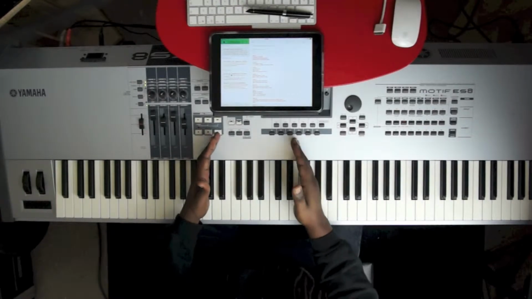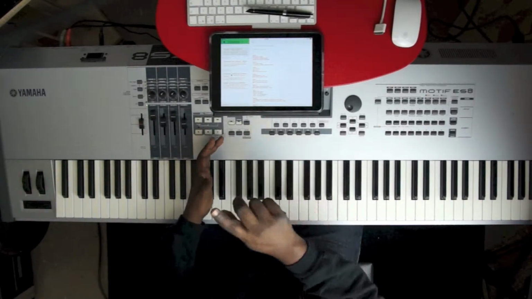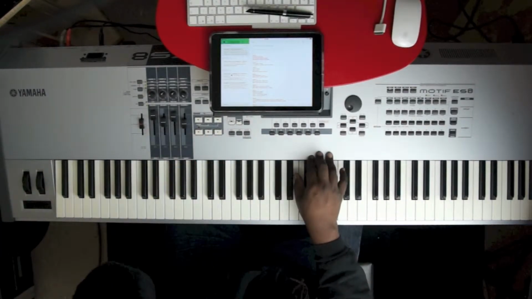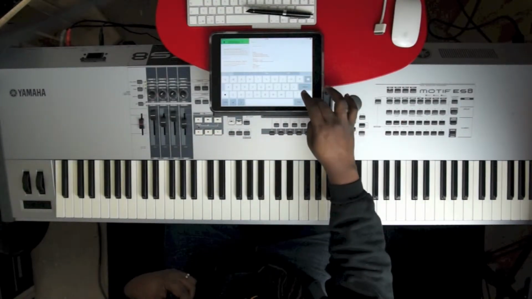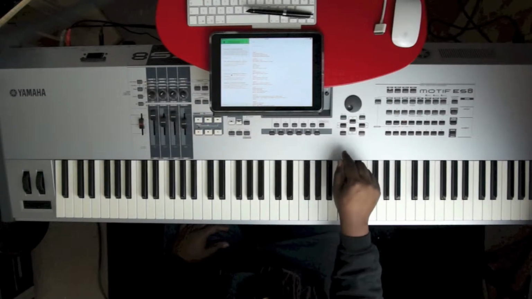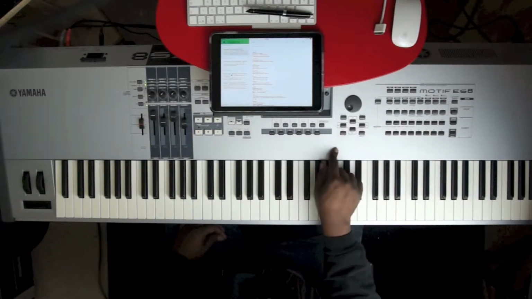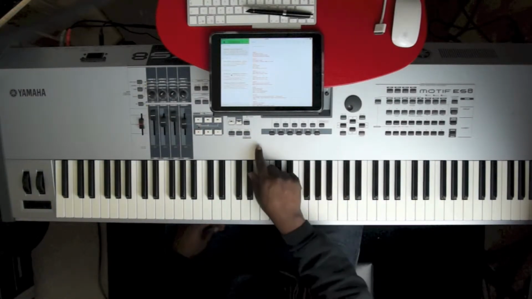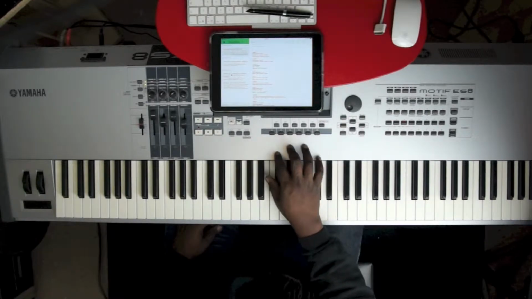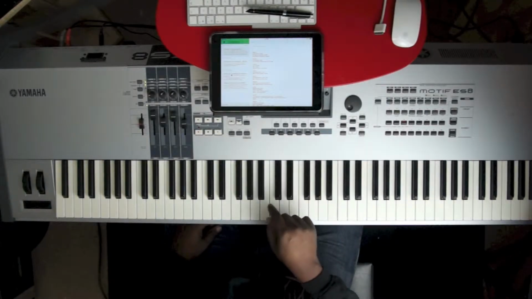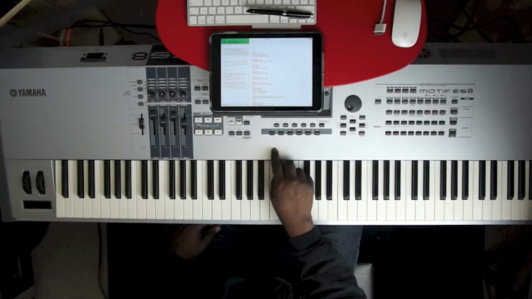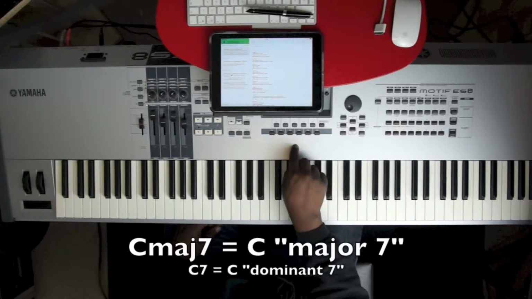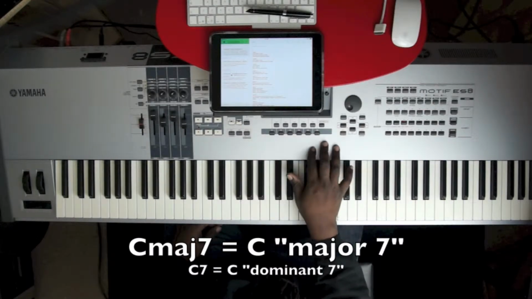Now, there are two kinds of sevenths in musical notation. There is a major seventh and a dominant seventh. If you see the chord C written with MAJ 7 in small caps, that is C major 7.